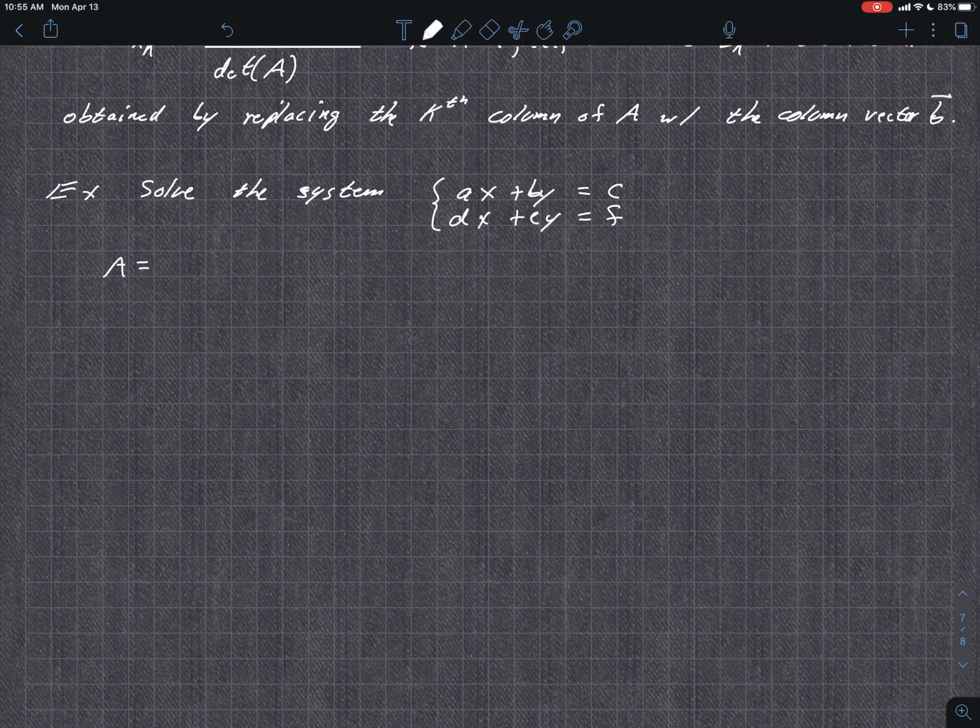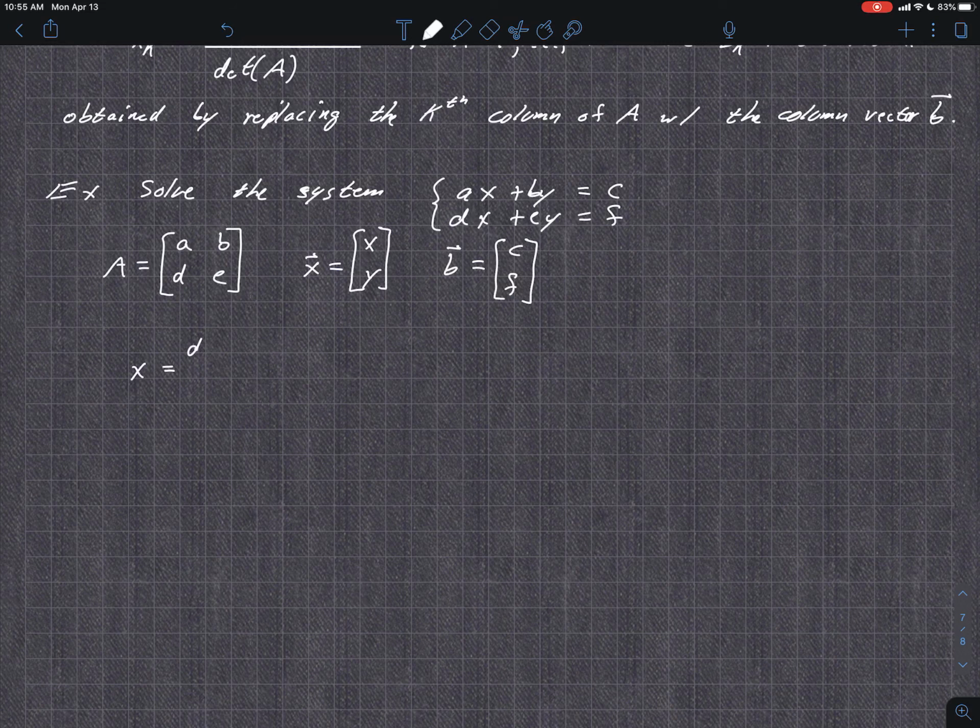So what you have is A equal to A, B, D, E. So that's your matrix A. And then your X is really just your X, Y. And then your B is C, F, to mimic what we have above.